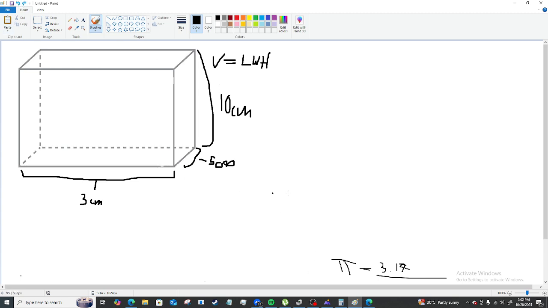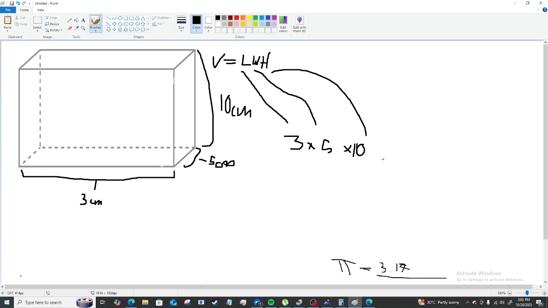Now we will solve it. Length will be 3 centimeters. The width will be 5. The height would be 10.